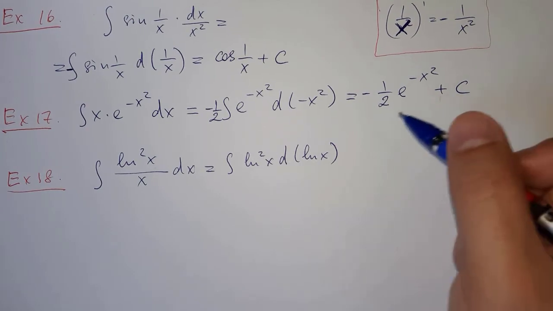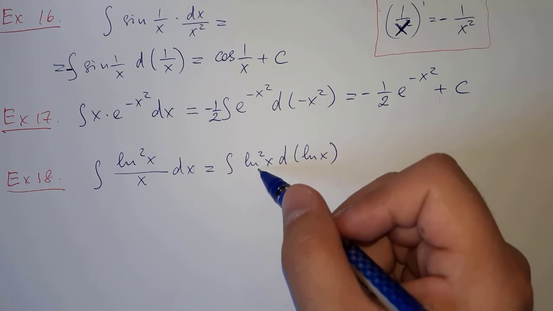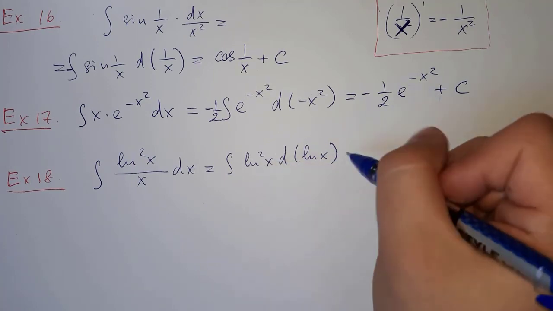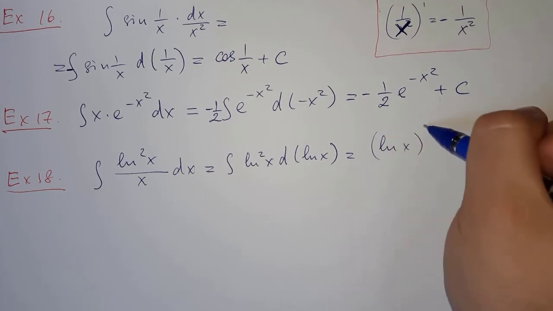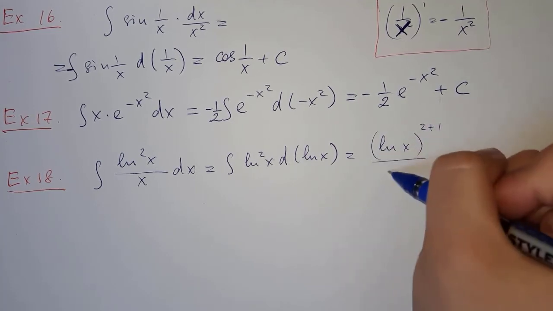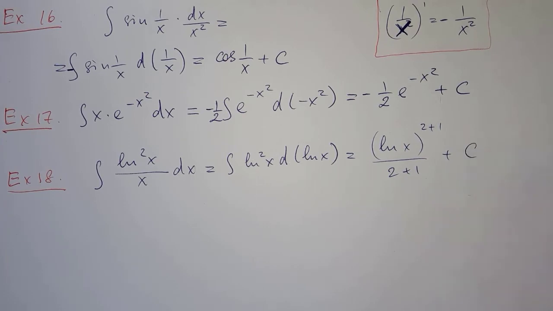So we need to integrate with respect to this natural logarithm. And this is now a power function. It will be natural logarithm of x to the power 2 plus 1 over 2 plus 1 plus c, or 1 over 3 natural logarithm cubed x plus c.